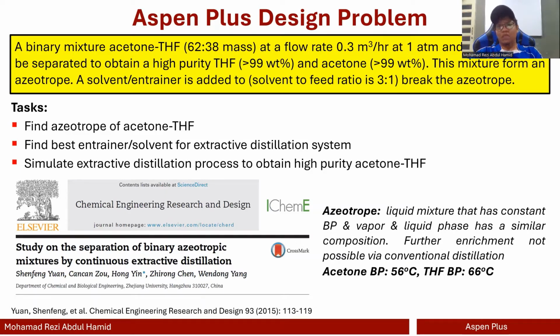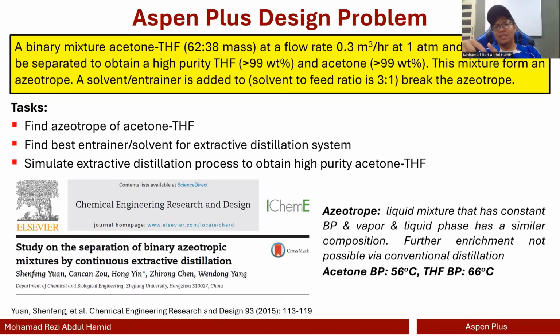Well, unfortunately, this mixture is an azeotrope. And just to give a basic recap of what azeotrope means, an azeotrope is a liquid mixture that has a constant boiling point, and the vapor phase and liquid phase have a similar composition.